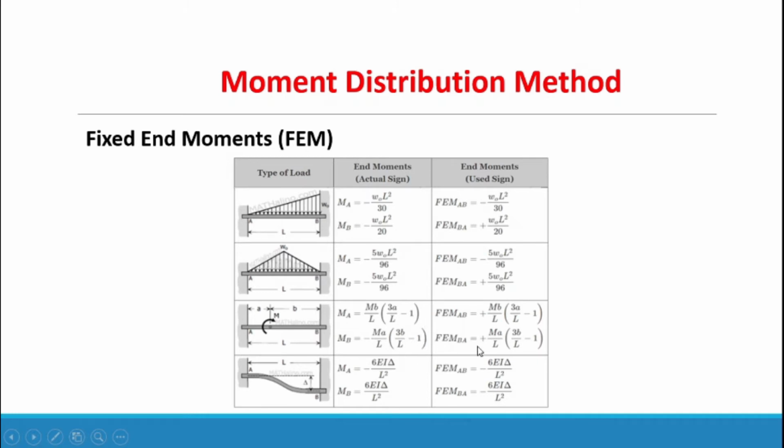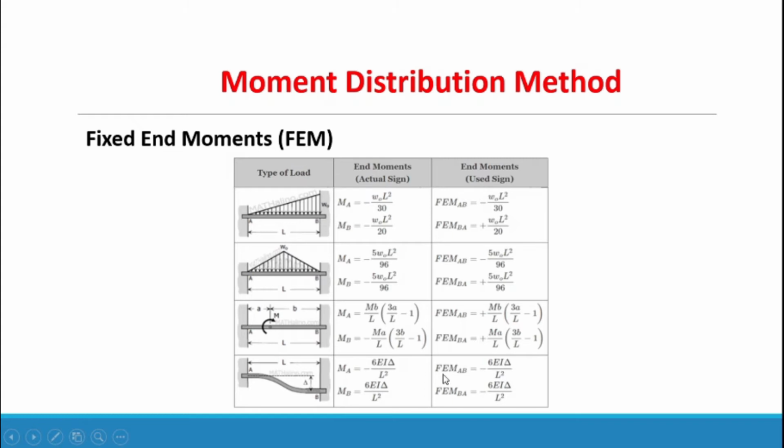Fixed end moment at AB is equal to positive Mb all over L multiplied by (3a all over L minus 1), and fixed end moment at BA is also plus M times a all over L multiplied by (3b all over L minus 1).